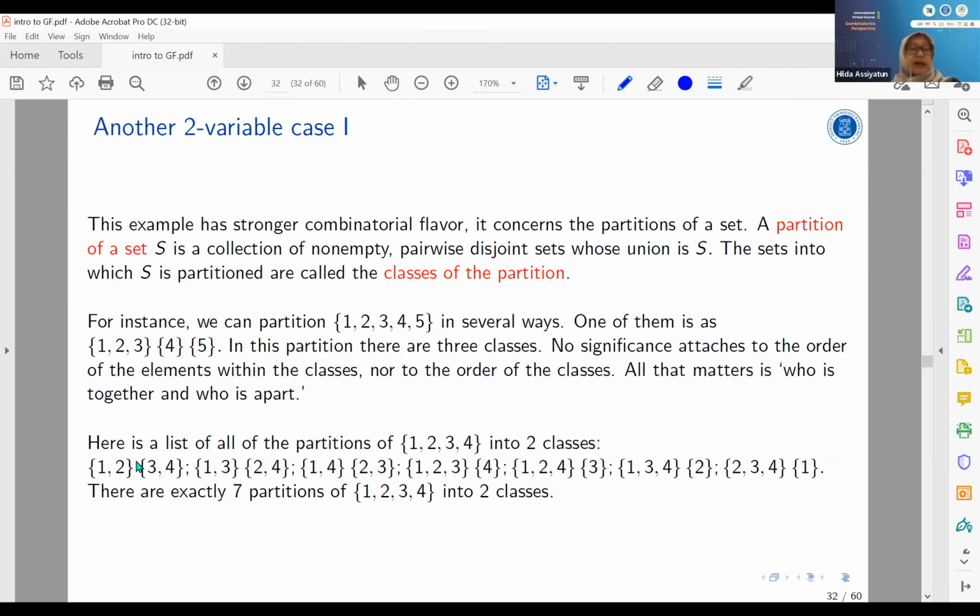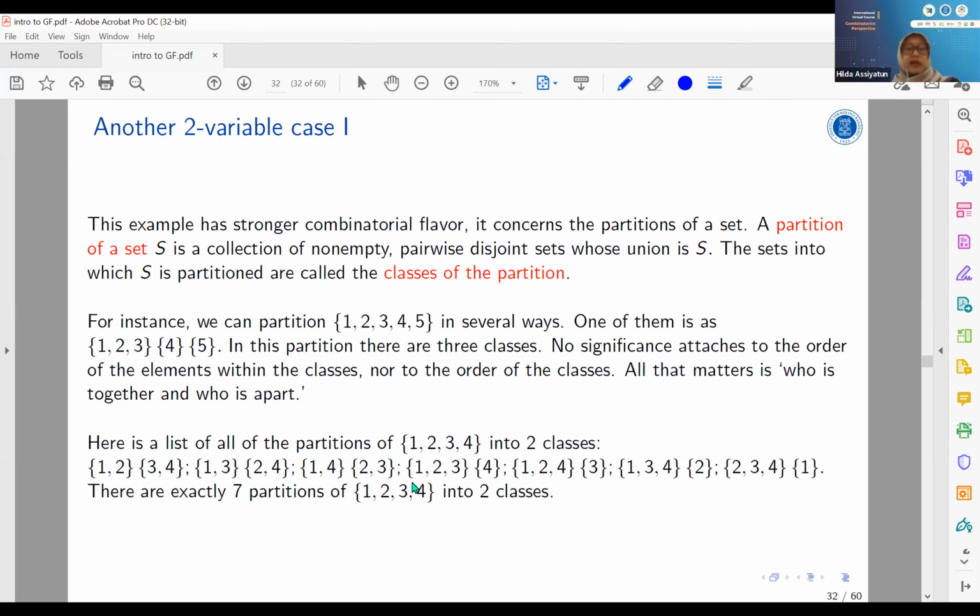Here we have the list of all partitions of the set of the first 4 positive integers into 2 classes. The first 3 partitions each have classes with 2 members.